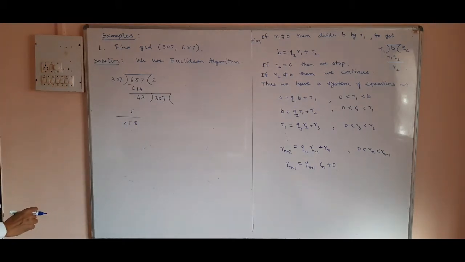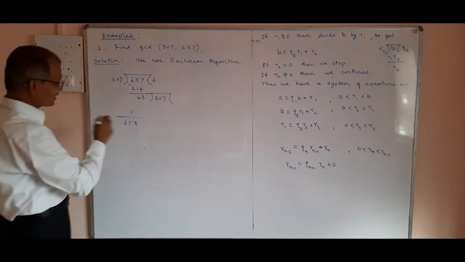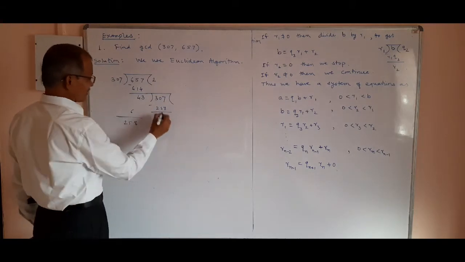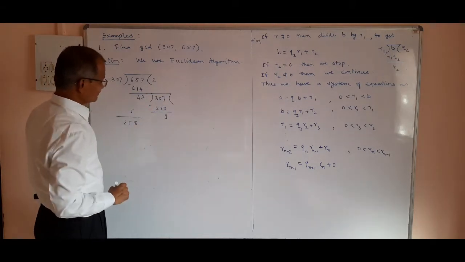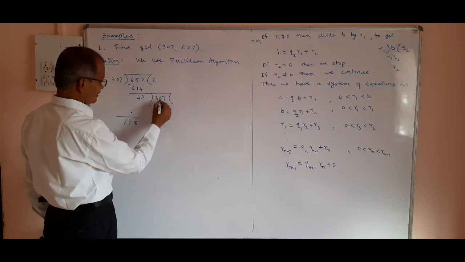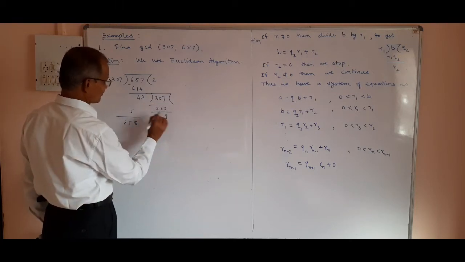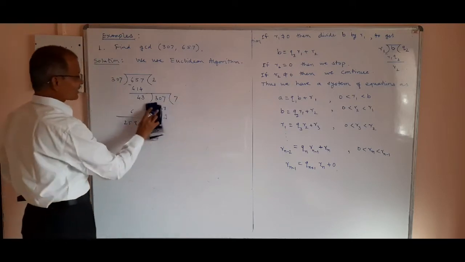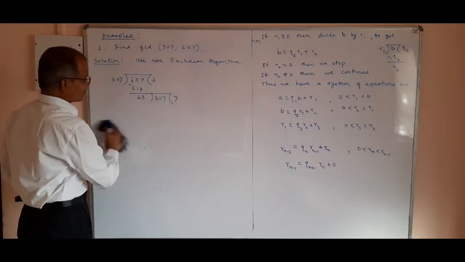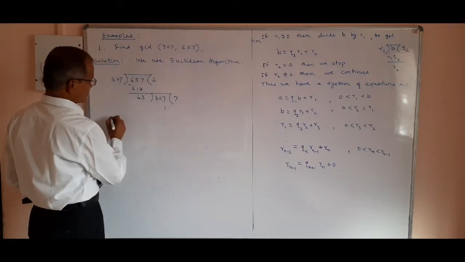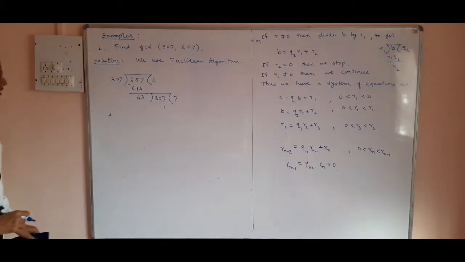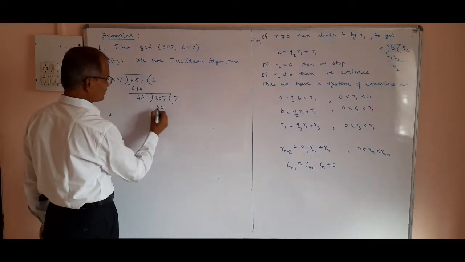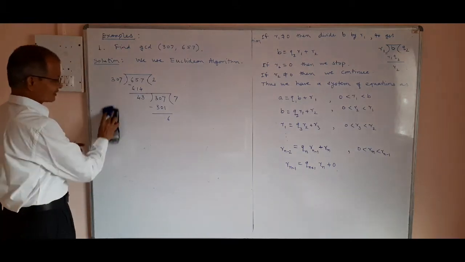And what is the difference between this 258 and 307? 49 it will be. So next quotient we have considered as 7, and this is 301, and now you see the difference is 6.